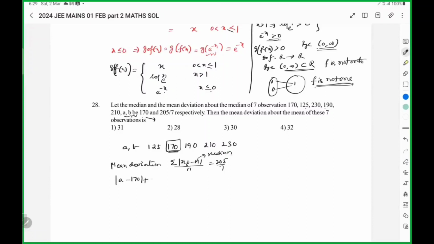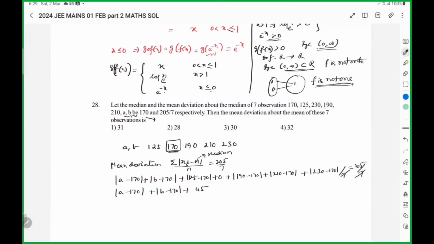Mod of A minus 170 plus mod of B minus 170 plus 125 minus 170, that is 45, plus 0 plus 190 minus 170, that is 20, plus 210 minus 170, that is 40, plus 230 minus 170, that is 60, divided by 7, is 205 by 7.